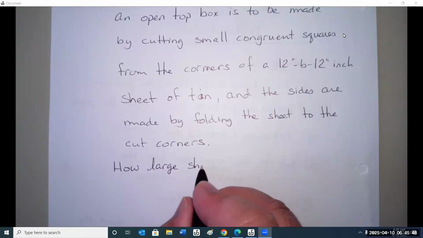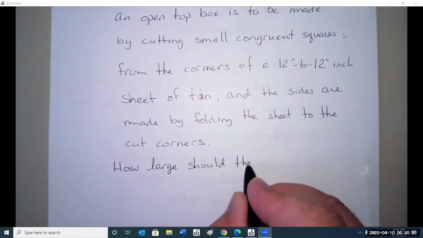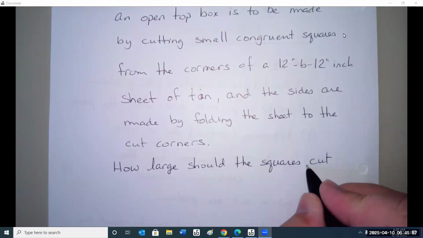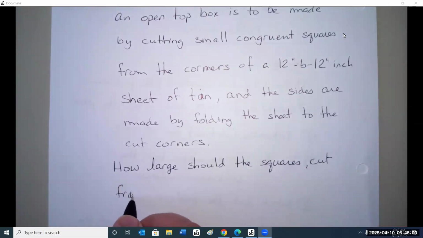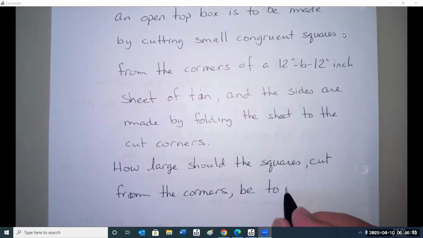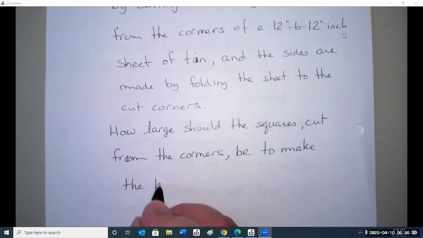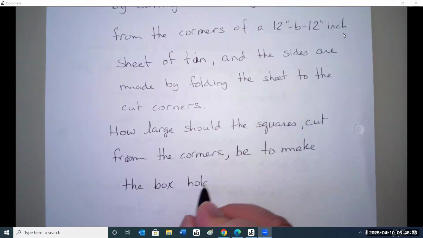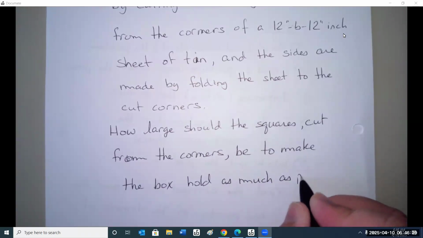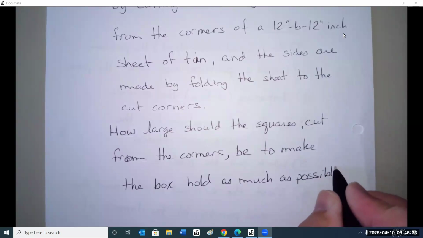How large should the squares cut from the corners be to make the box hold as much as possible?